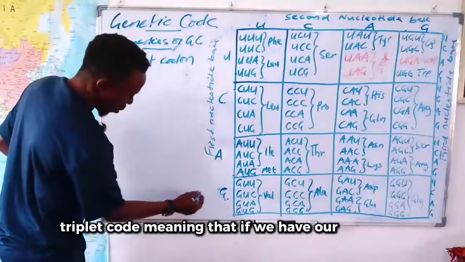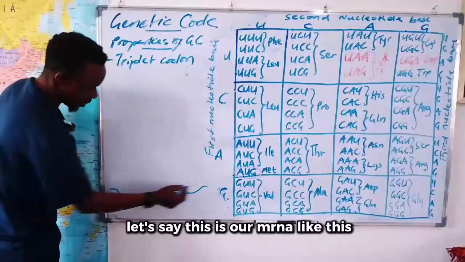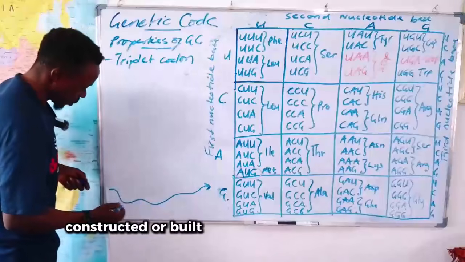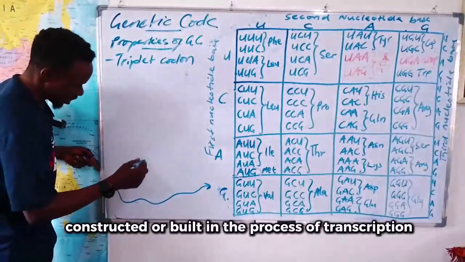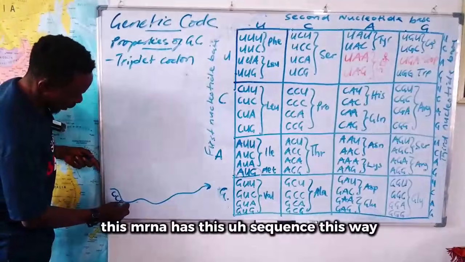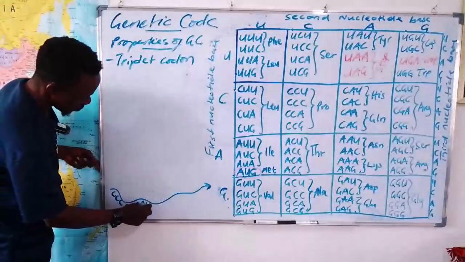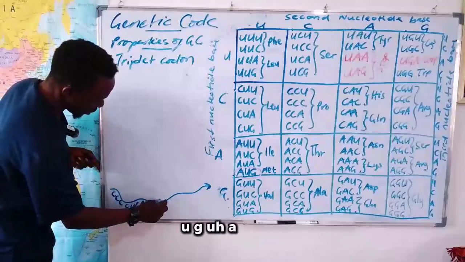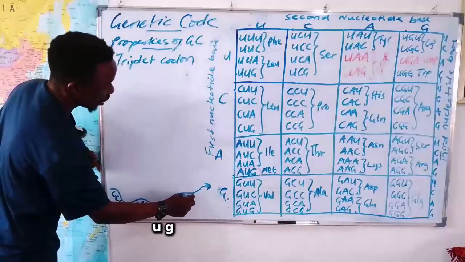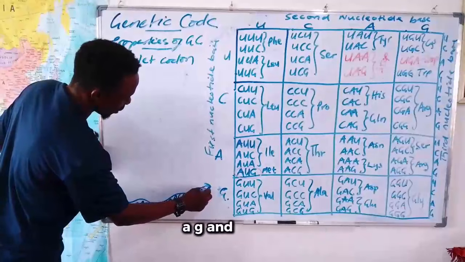Meaning that if we have our mRNA, let's say this is our mRNA like this. This is the mRNA that was built in the process of transcription. If this mRNA has this sequence, let us say AUG, A, C, C, U, G, and probably U, A, G, and so on.